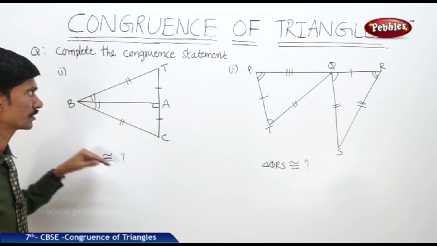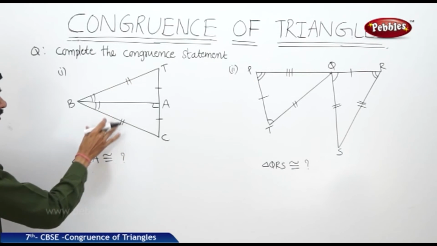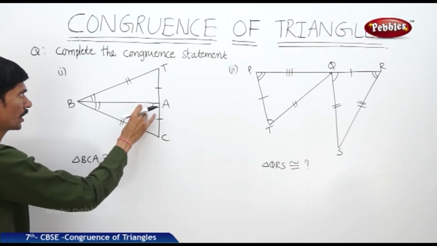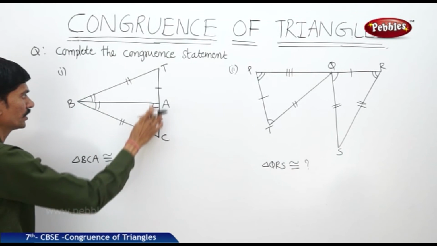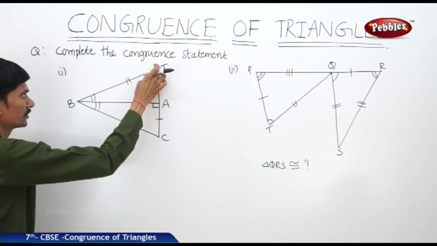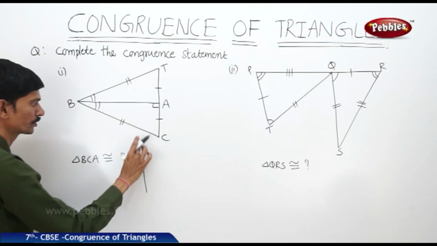Now let us see the next question. Complete the congruent statement. In the first figure there are two triangles, triangle BCA and the second triangle BTA. First let us write the congruent parts of these two triangles.